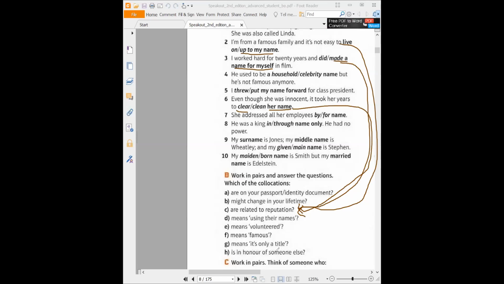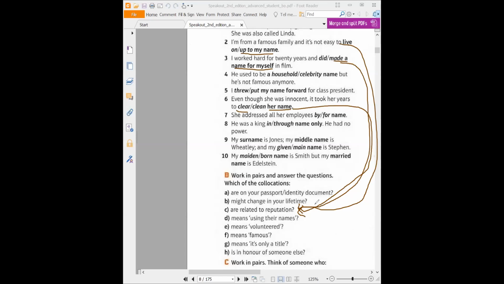Not really. Let me double check. It's address someone by name. That would be it. You couldn't see it because of the PDF.